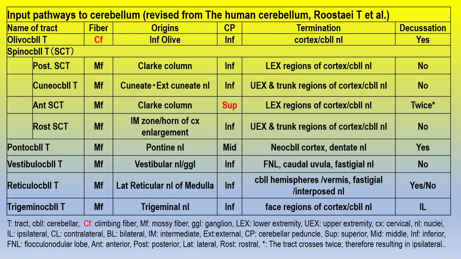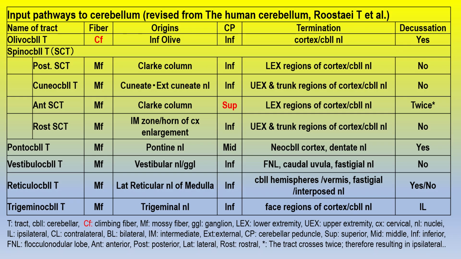This table summarizes the primary cerebellar input pathways, detailing the neural tracts, types of nerve fibers, origins, cerebellar peduncles passing through, terminations, and whether or not decussation occurs.